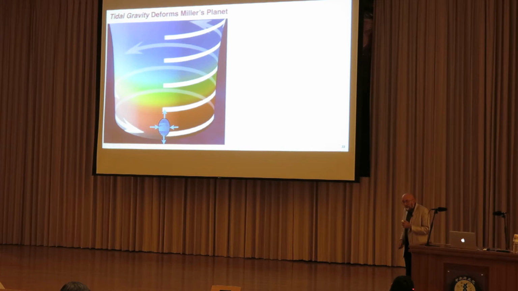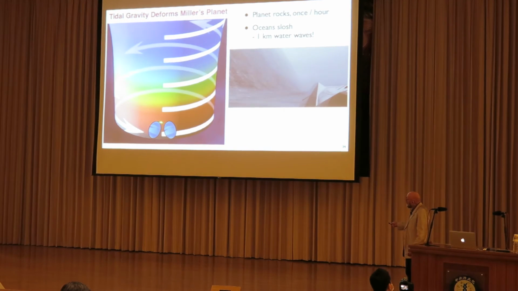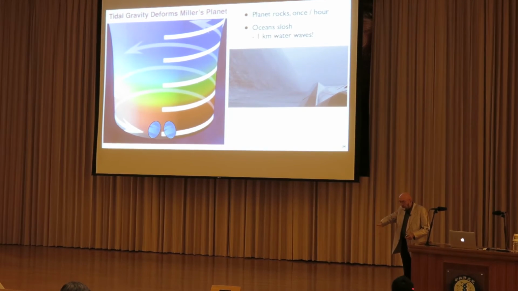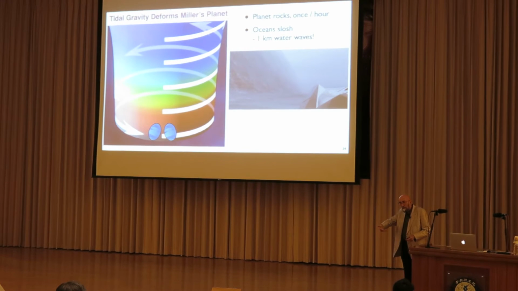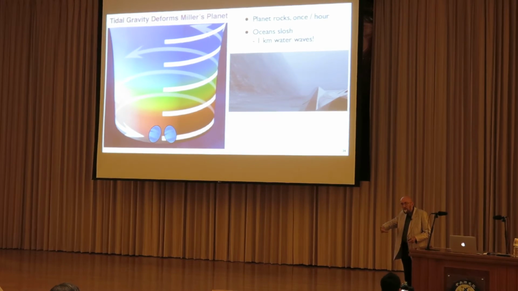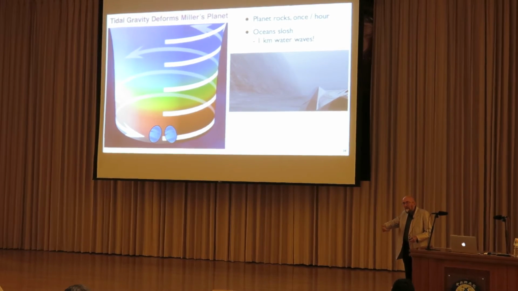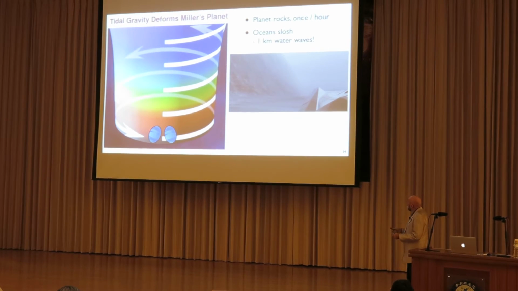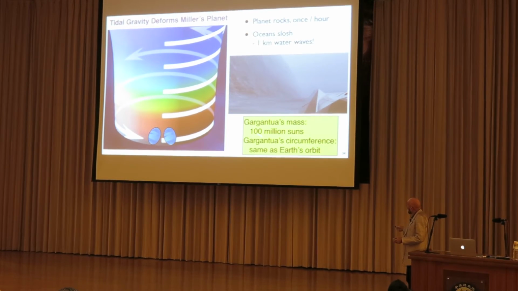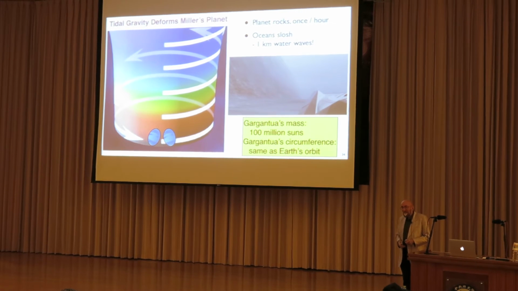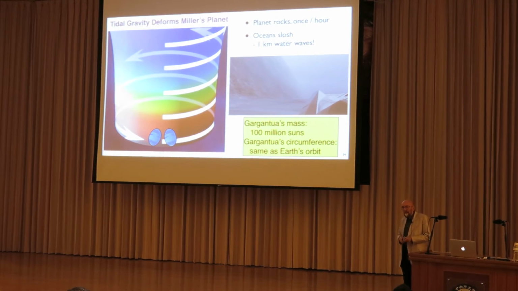And it turns out that if this planet does not yet have one face always pointed toward the black hole, but is swinging back and forth because it has only gotten into this orbit fairly recently, and if the black hole weighs 100 million times what the sun weighs, then that rocking period is 1 hour, and the oceans will slosh back and forth once per hour, and you get these gigantic waves.